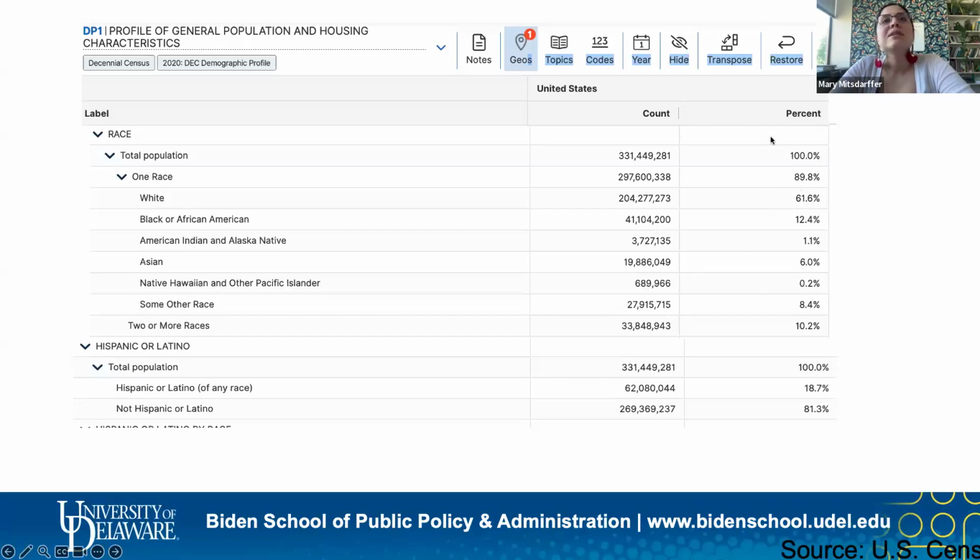We see that white folks still maintain a majority. About 12.4% of the population in the 2020 census are Black or African American. And then you have this totally diverse category down here of Hispanic or Latino, right? And this is the 2020 census.